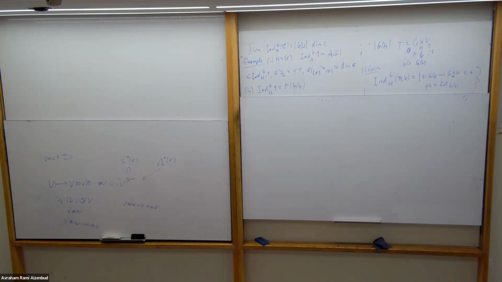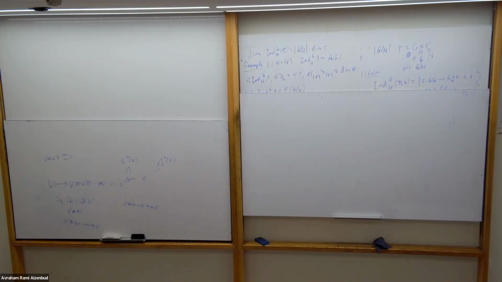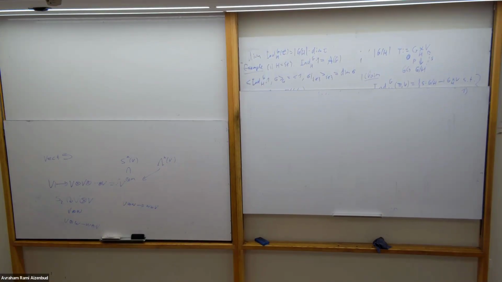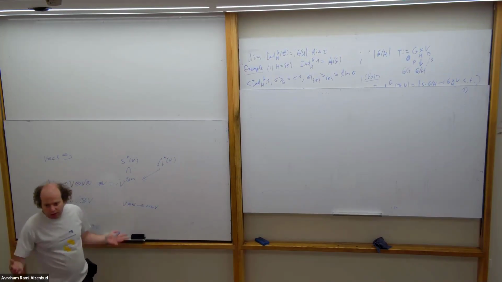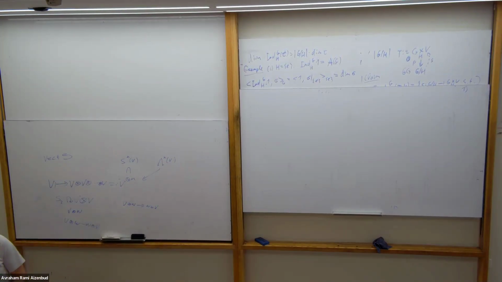So when you flip two factors, you get a minus sign. And for a general permutation you get some sign, which might be a plus sign, depending on the permutation; this is the sign of the permutation.